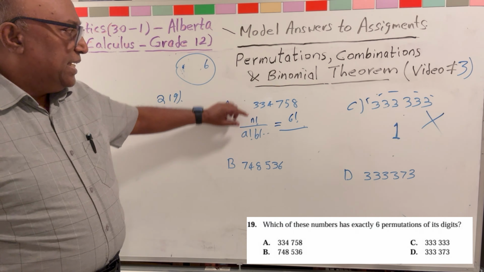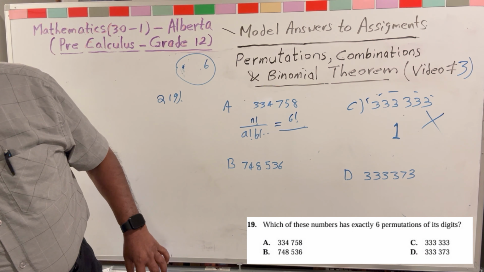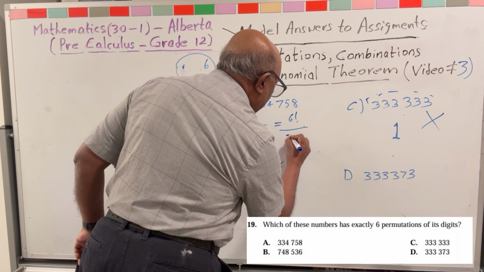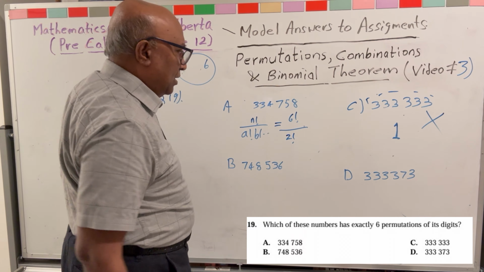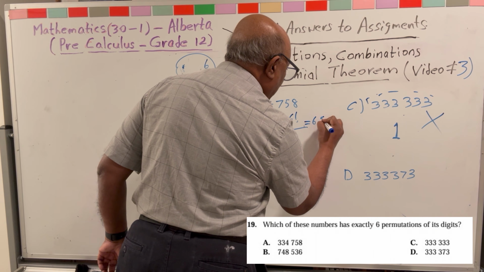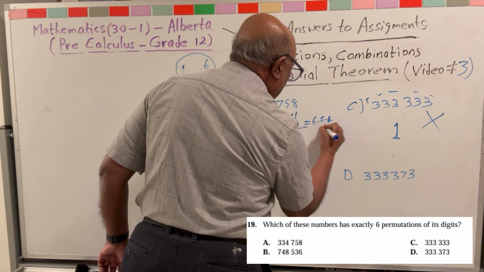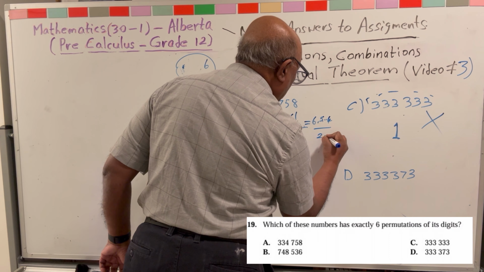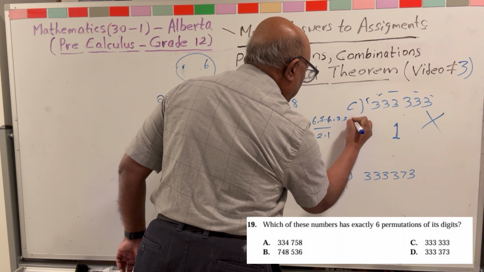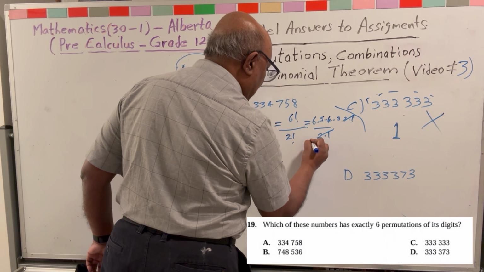What is a? a is the one kind of repeating number. 3, 3, 3 is repeated. Once we simplify, 6 times 5 times 4 factorial upon 3 factorial, we get a different number. This is also not 6.